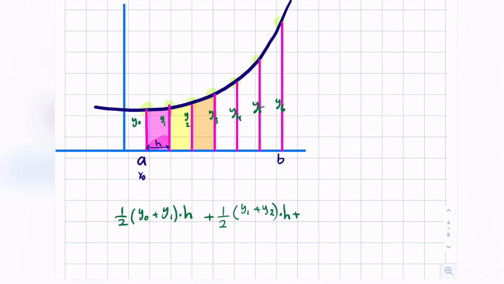So it's going to be 1/2, then y2 plus y3 multiplied by h.